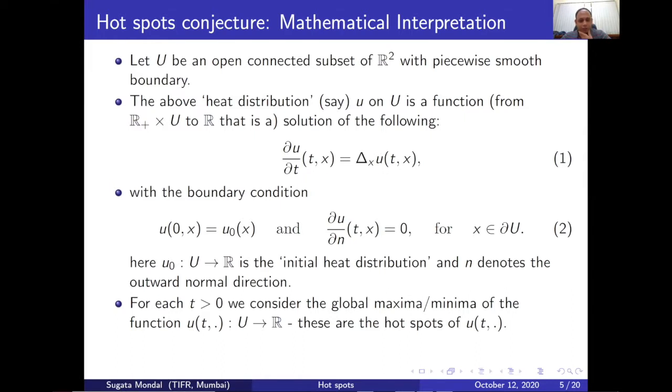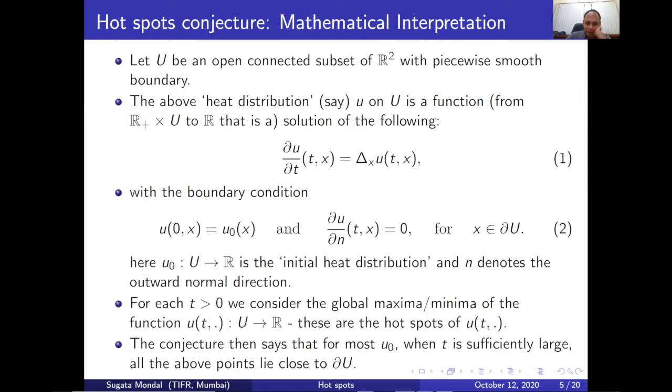For t positive, we consider the global maxima and minima of the function u(t, ·), a function from U to R. These are the hotspots of this function u(t, ·), and by this interpretation, also the hotspots of this plate U at time t. The conjecture says that the global maxima of this function u(t, ·) appear close to the boundary of the domain U when t is sufficiently large.